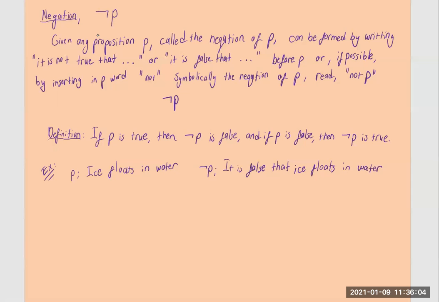So we know that P is true, not P is going to be false.